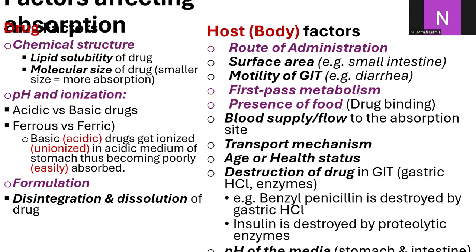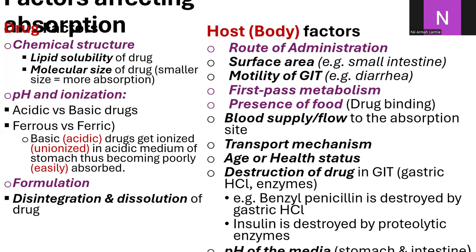For example, acidic drugs are destroyed by the basic small intestine environment, and basic drugs are destroyed by the acidic stomach environment. There are some enzymes that can also be found in the GI tract that could destroy some of these medications.